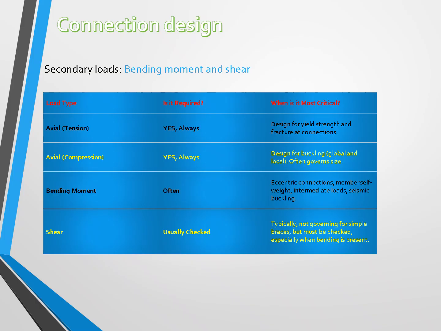Bending moment: often we need to check for eccentric connections, member self-weight, and intermediate load and seismic buckling. Shear: usually it is not governing for simple braces, but it must be checked, especially when bending is present.